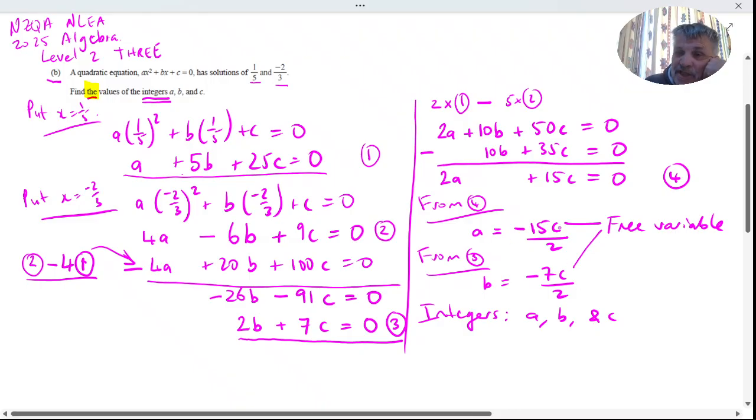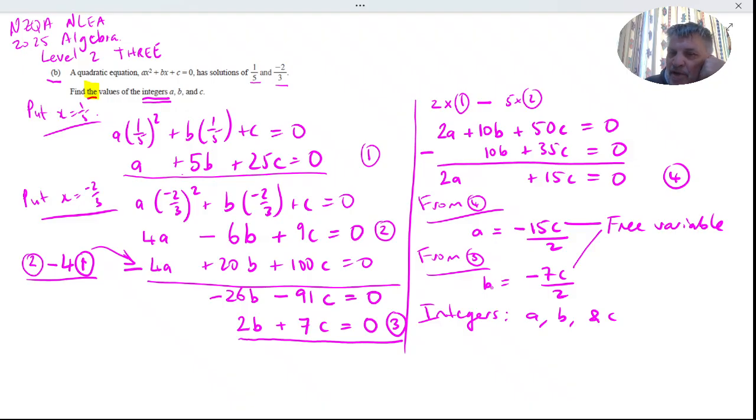If we just choose c as an integer, it will be an integer, so that's no problem. To guarantee that a and b are both integers, you'll notice that they've got something multiplied by c and then divided by 2, and the something is not divisible by 2. Therefore, the only way to get integers out of these two equations is to make c divisible by 2.